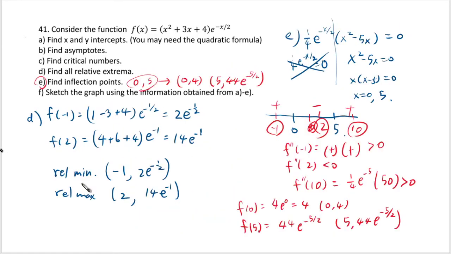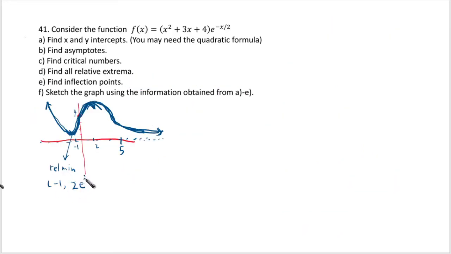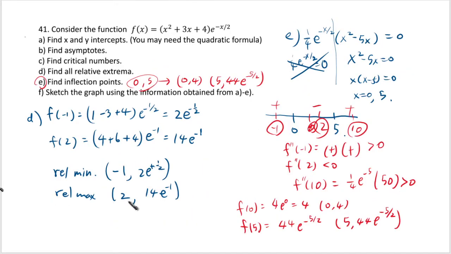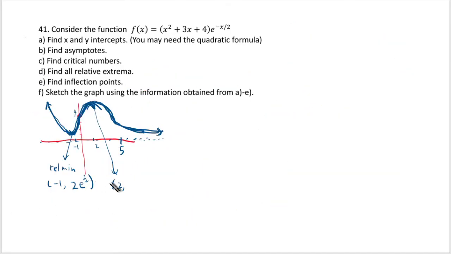Right. So it was, oh, this should have been positive 1/2 because we're plugging in negative 1/2. Okay, it should be 2 times e to the positive square root of 2. So this should be positive 1/2. And then at 2, we have 2 comma 14 e to the negative 1.